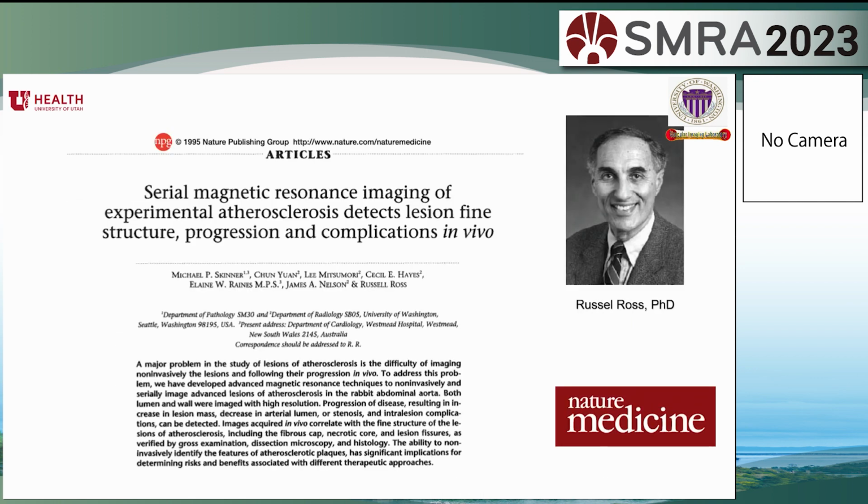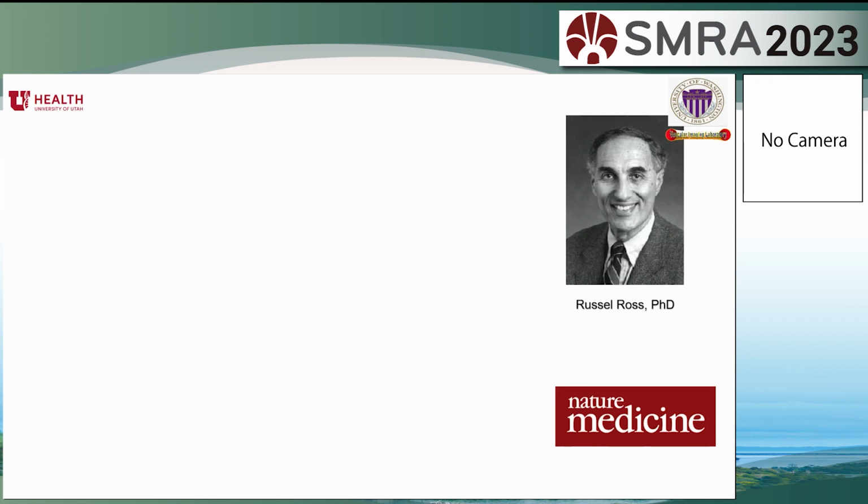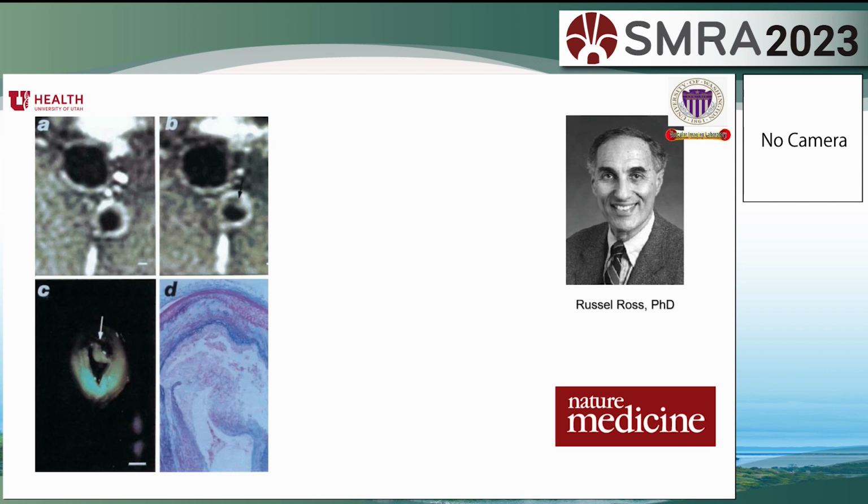And then in the meantime, at University of Washington, we were able to work with a pioneer in the vascular biology field, Russell Ross, who was interested in animal models and looking into atherosclerosis progression. So we used a rabbit model and basically demonstrated that by serial imaging of the rabbit aorta, you're able to see progression of lesions.